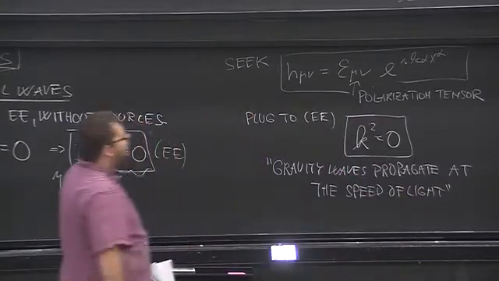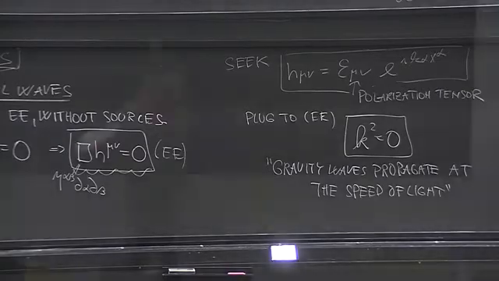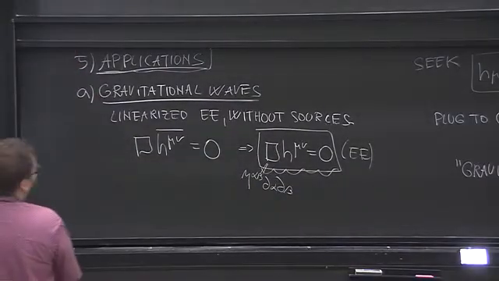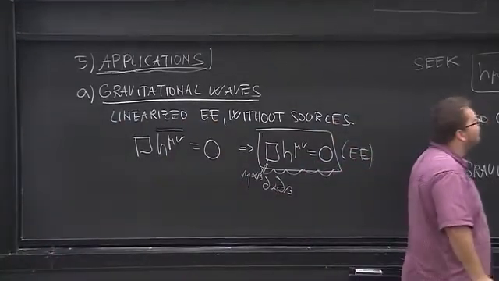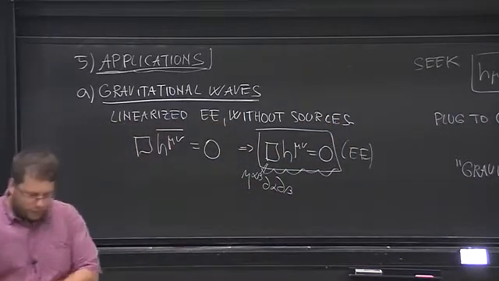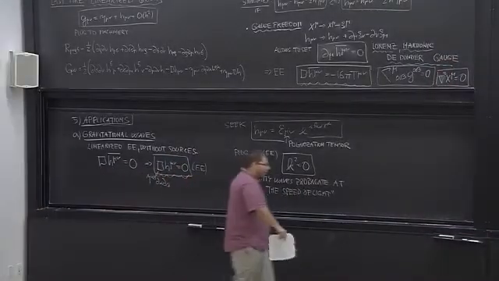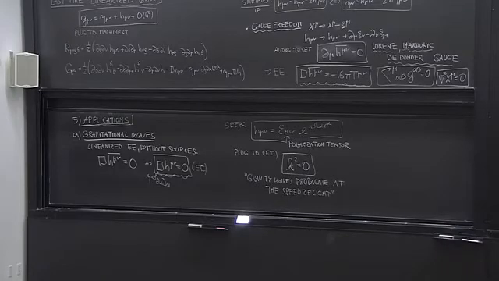So by the way, there was a lot of misunderstanding about the gauge fixing in the early days of general relativity. Although Einstein predicted gravitational waves very soon after he formulated general relativity, I think in 1916 probably, he calculated everything you can calculate about gravitational waves. He calculated the power produced in isolated systems, which we'll calculate today, and he predicted that they move at the speed of light.